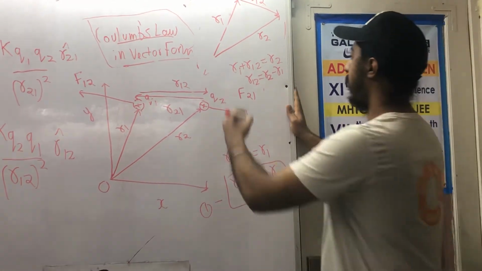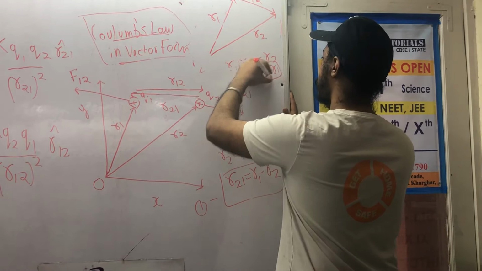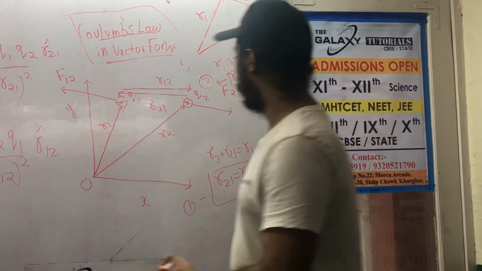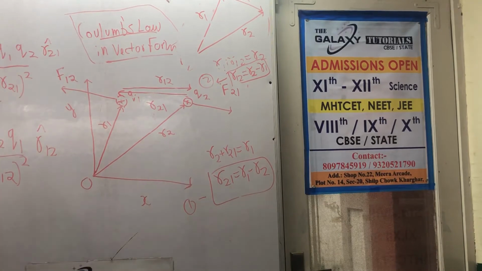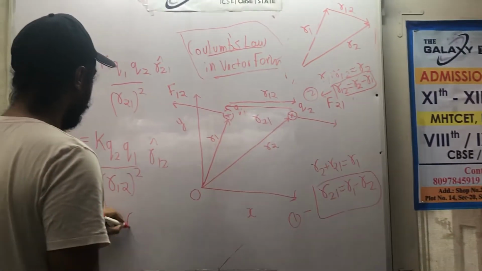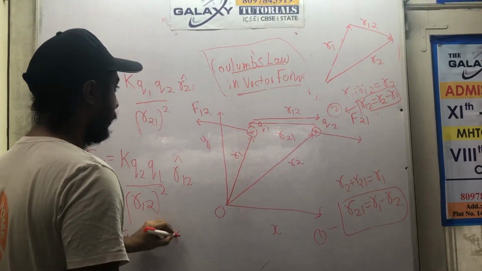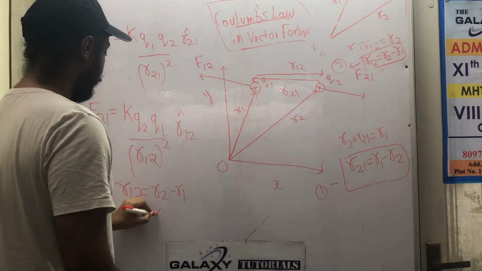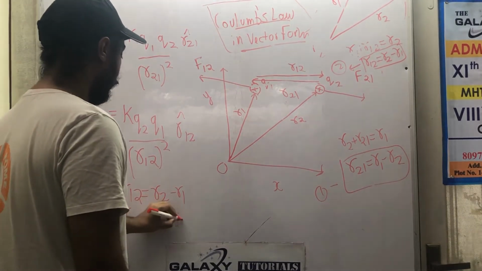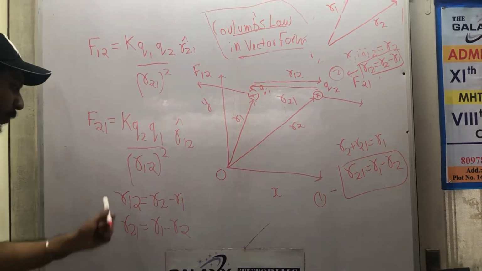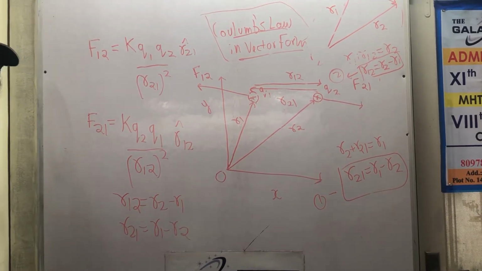Now look at these two equations. This is equation 2. I will write it again here. R12 was R2 minus R1, and R21 was R1 minus R2. Now from these two equations, can you see a pattern here? What can you see?